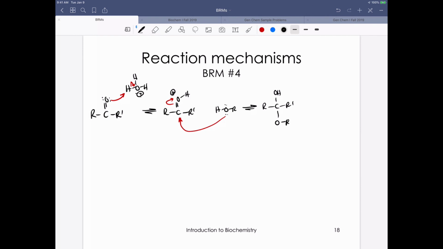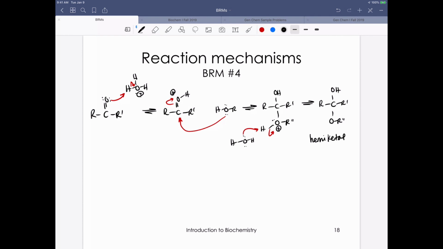And now it's just our incoming nucleophile that we need to deprotonate to ensure it is not a good leaving group. So deprotonation of that guy is going to yield the same hemiketal product. So again, another hemiketal.